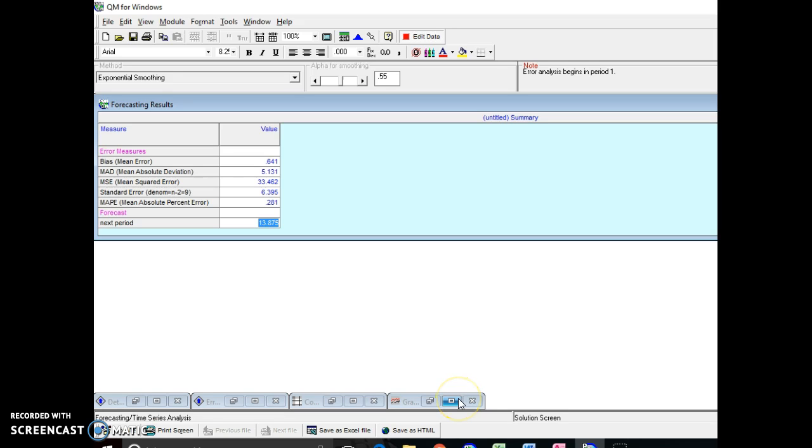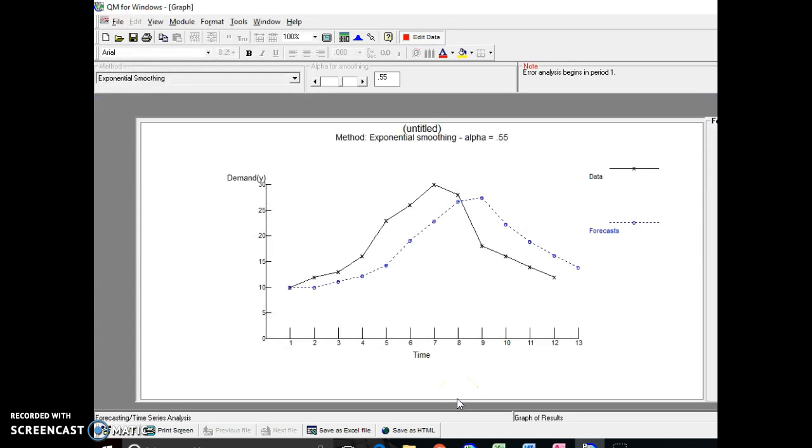We bring up our graph here, and we can see our graph. Interesting, doesn't provide a great forecast, and we had talked about this in class about the seasonal effect. The 3-period, the exponential smoothing, those approaches really don't take advantage of that.